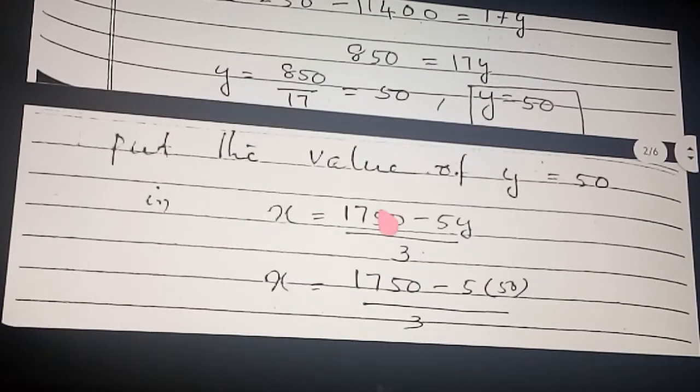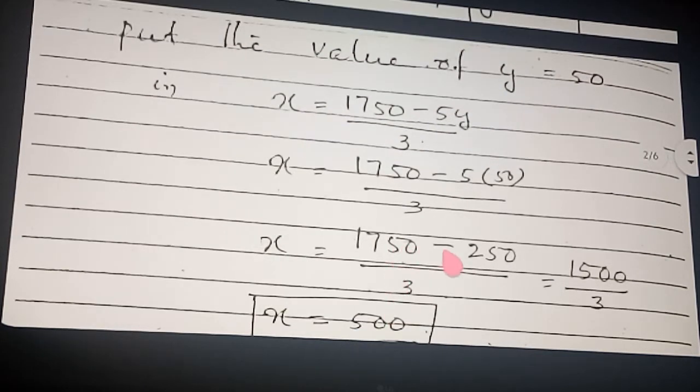Now put the value of y equal to 50 in the form you derived and kept. Apply here the value of y equal to 50: 1,750 minus 5 into 50. Applied it? So 1,750 minus 250 divided by 3.